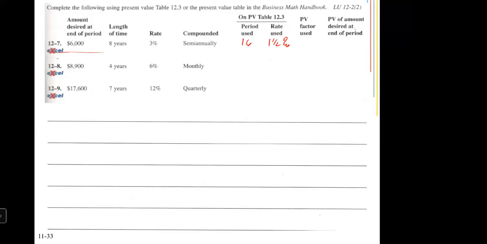Anybody with the book? 0.7880. Okay, 0.7880. All right, so we're going to multiply that by 6,000.